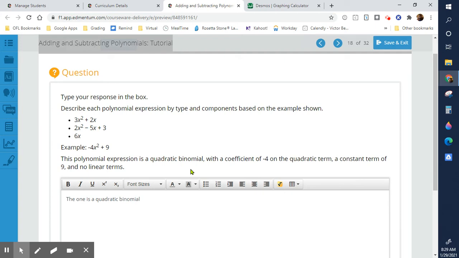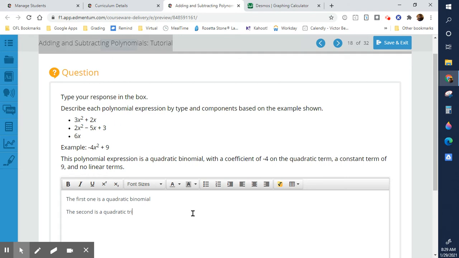All right, first. Second is a quadratic as well. Quadratic. There's three terms. 1, 2, 3. They're being separated by these plus or minuses.